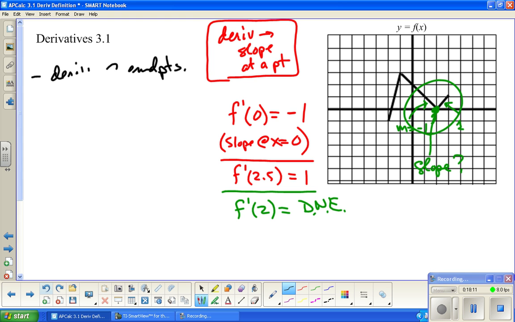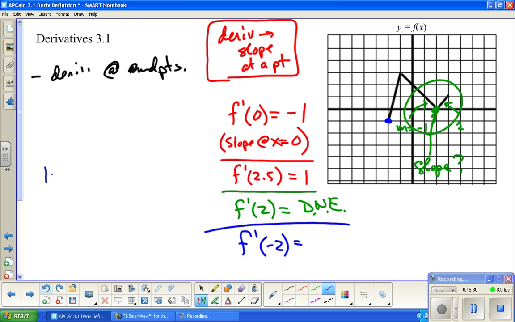Now having said that, remember what we said about limits at endpoints. So now the question is, based on what this function is, what is f prime of negative 2?